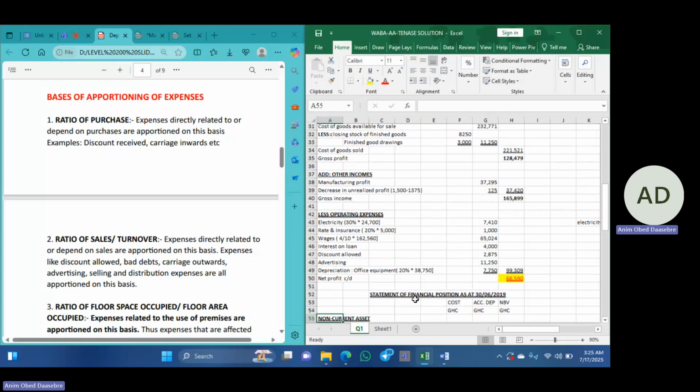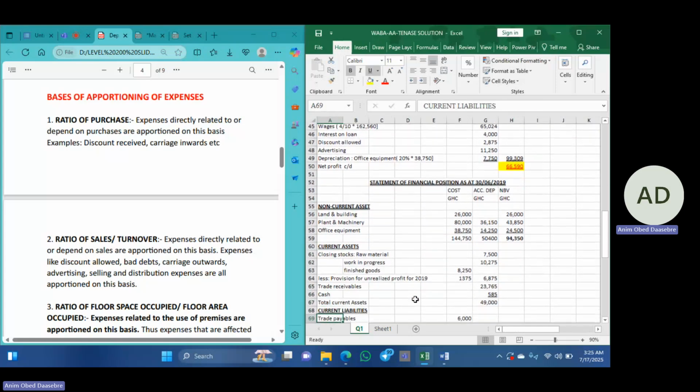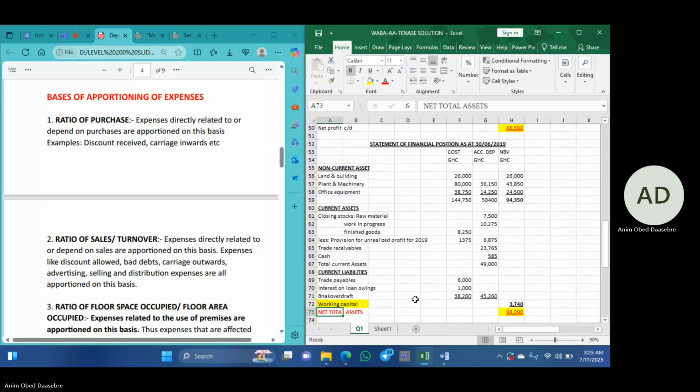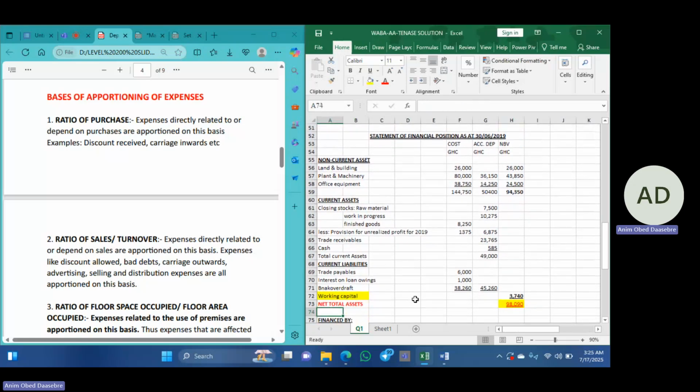The last account is what we call the balance sheet. The balance sheet is presented like this, right? You always start with your non-current assets, record everything, and consider your depreciation and all that, to get the net book value.